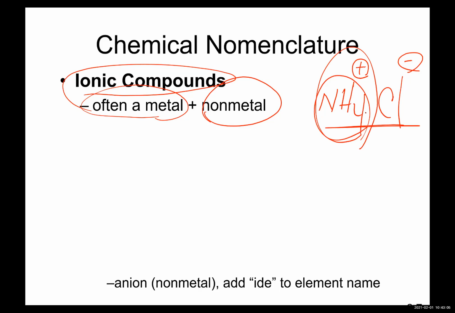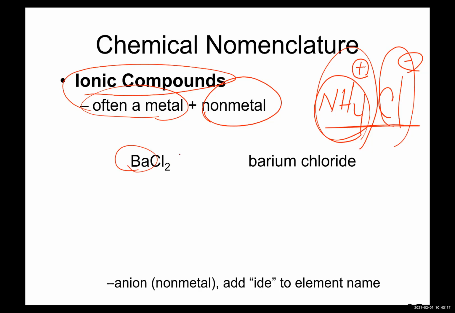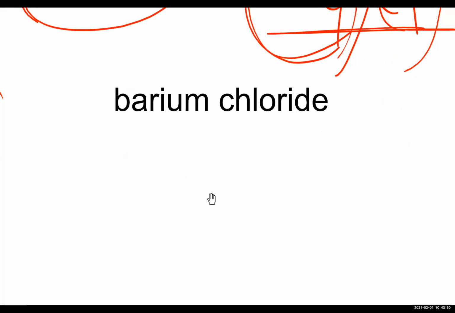We start with positive, and then we write negative. So barium chloride, metal comes first because it's positive, non-metal next. And potassium oxide, metals first with positive charge, then negatively charged non-metals.